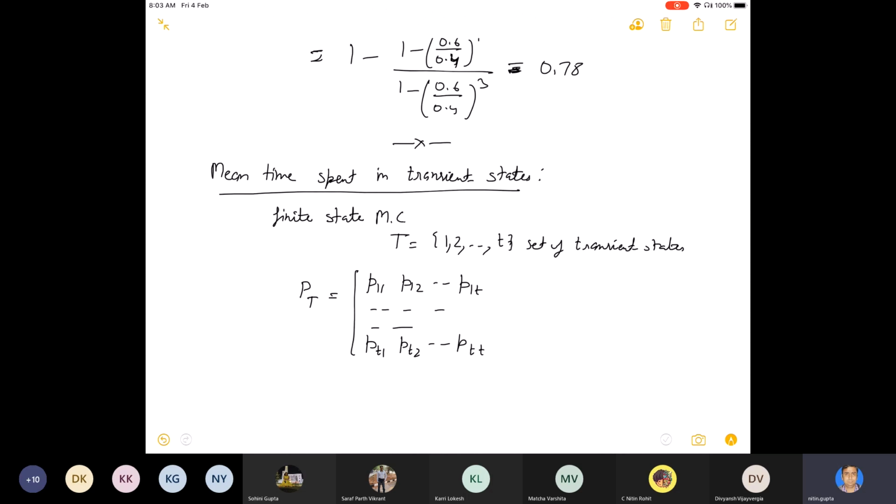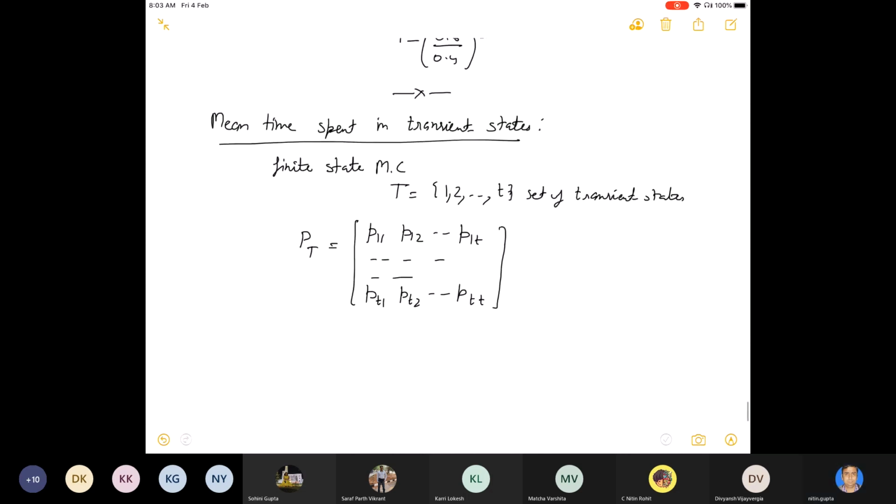So this is basically the values of the TPM corresponding to the transient states, which we are denoting by PT. So clearly the sum of rows will be less than 1, otherwise T becomes a closed set.